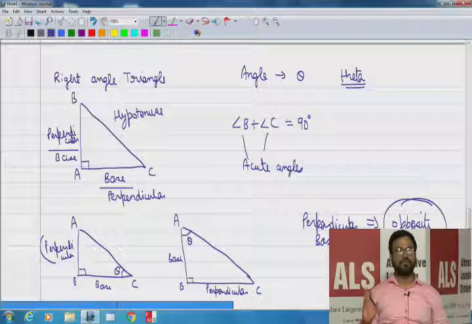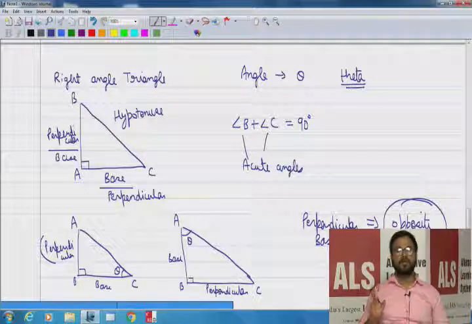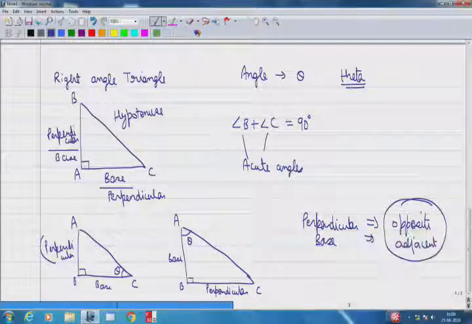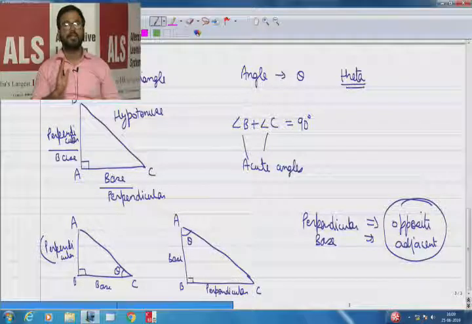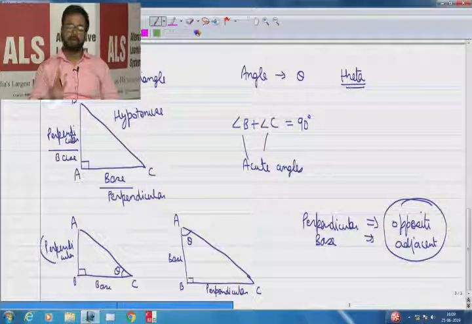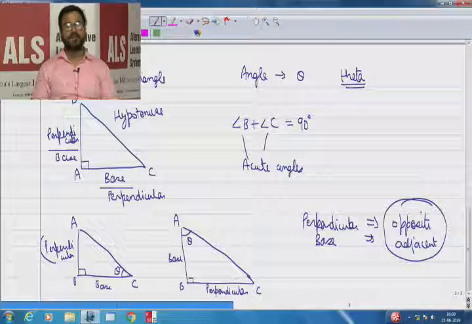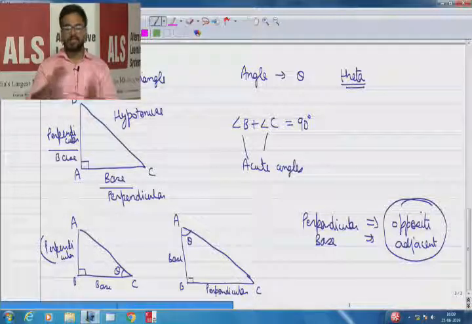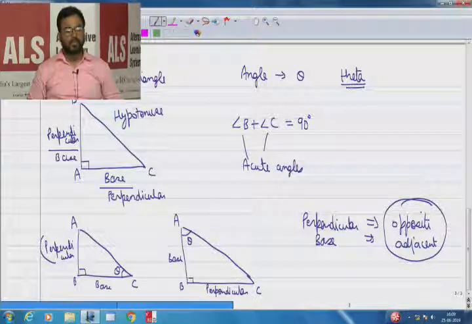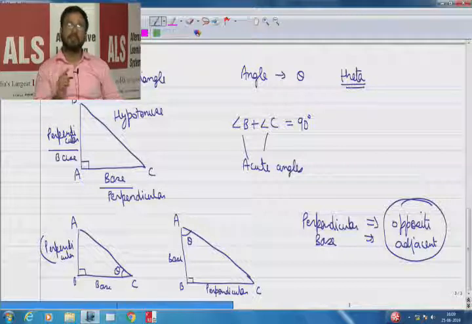So what we have discussed so far is that we are going to restrict ourselves to right angle triangles, and we will learn the trigonometric ratios of acute angles. It is a right angle triangle, one of the angles is 90 degree, the side opposite to 90 degree is hypotenuse, and what we consider as base and perpendicular depends on the angle which I am considering.